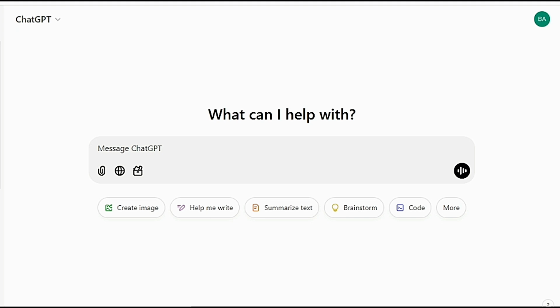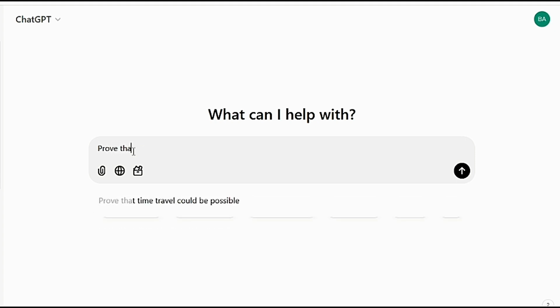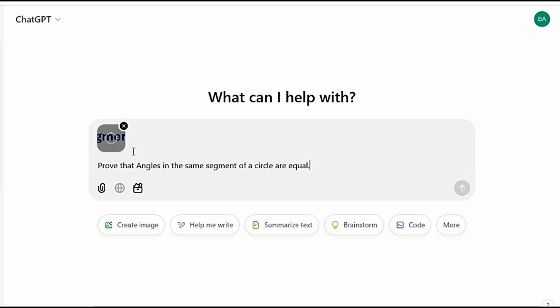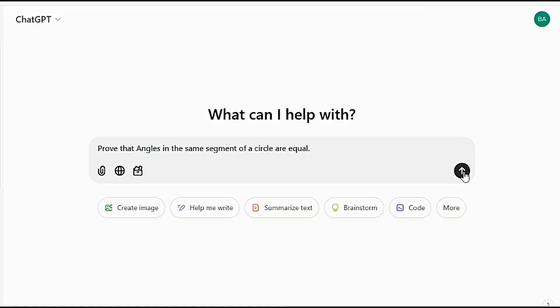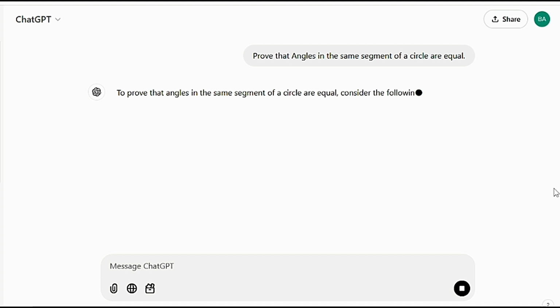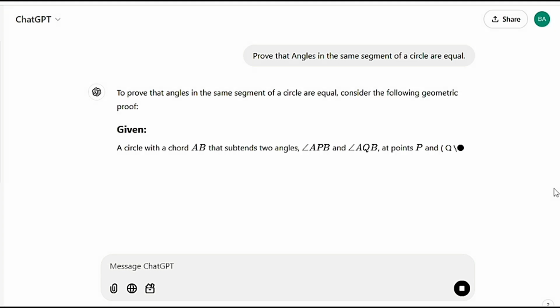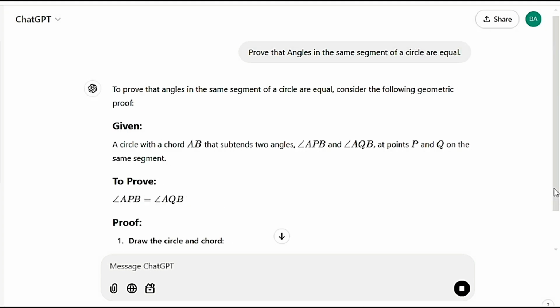And once again, to write the proof of this theorem, we write here, prove that the angles in the same segment of a circle are equal, and we enter the question. We get the solution of this theorem in every step.